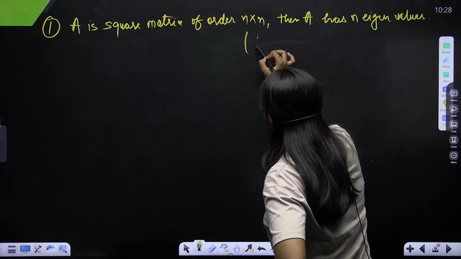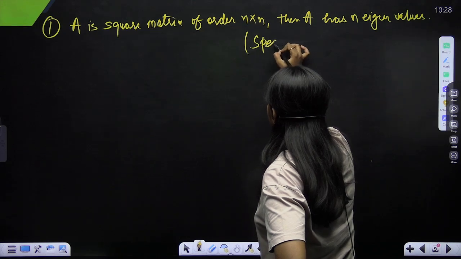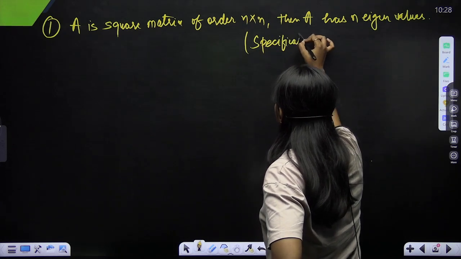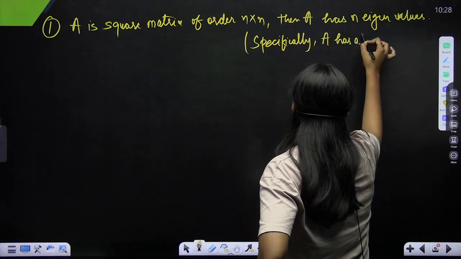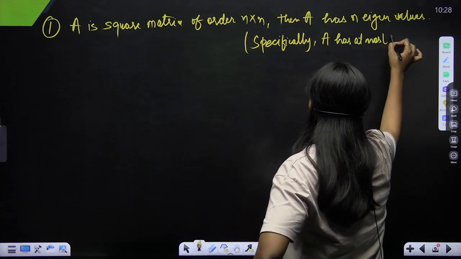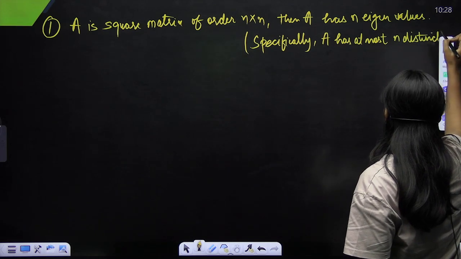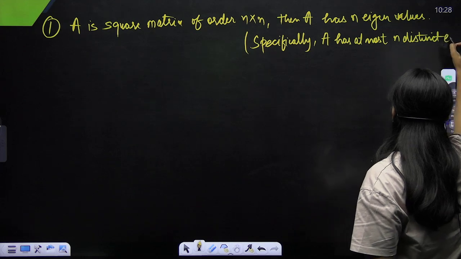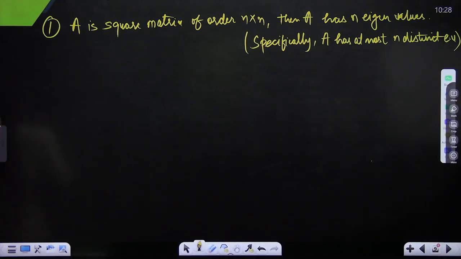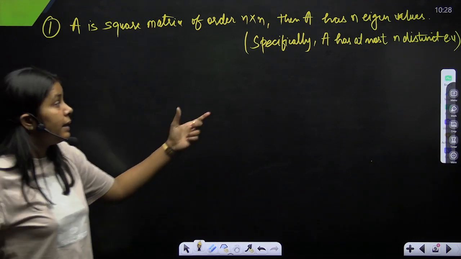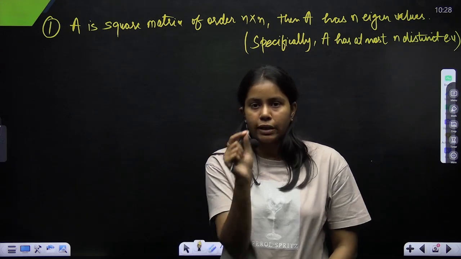And now I'm writing in bracket, specifically or particularly, A has at most n distinct eigenvalues, right? So total eigenvalues would be n, but distinct eigenvalues can be less than n because we have used the word at most. So that is for eigenvalue.